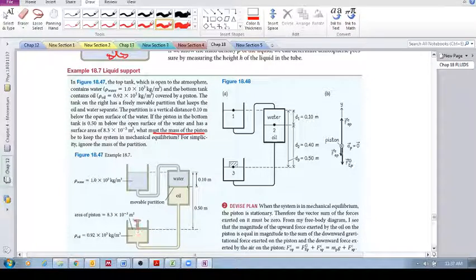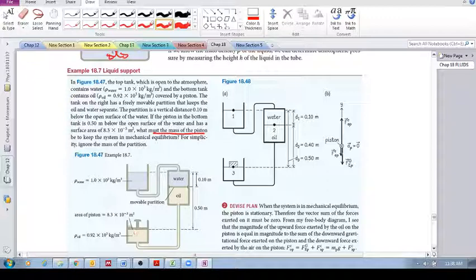Okay, so what's happening is that you've got this atmospheric pressure pressing down on the water, and you've got a pressure increase as you go down, and then you've got another pressure increase, and so there's this increase in pressure, and it's pushing on this piston.